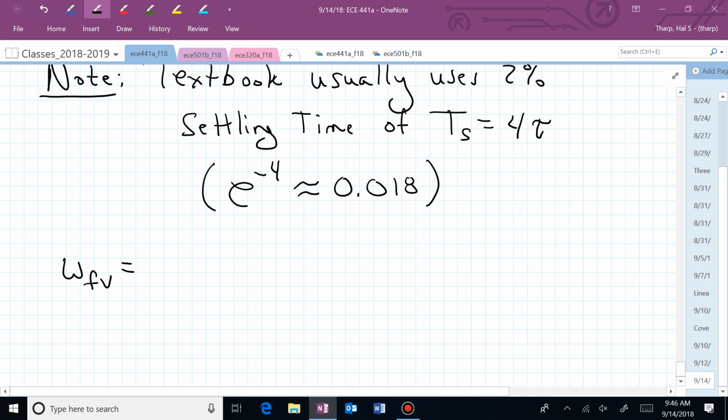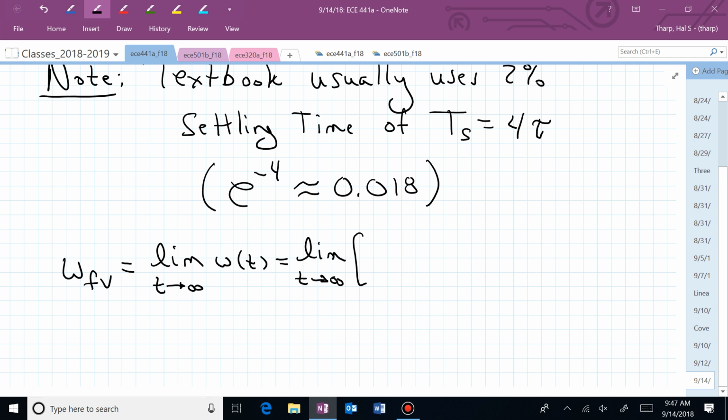What do we know about the final value? Can we use it? Well, we have an explicit expression for omega of t as a function of time. So we really don't even need to apply the final value. We just need to use that time domain formula.